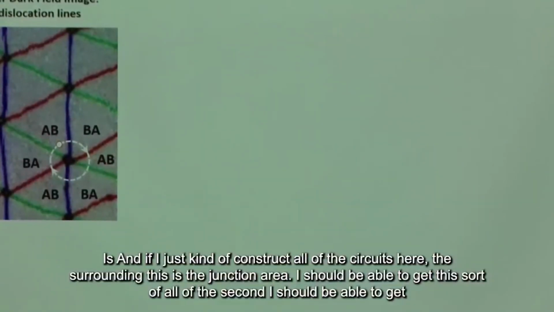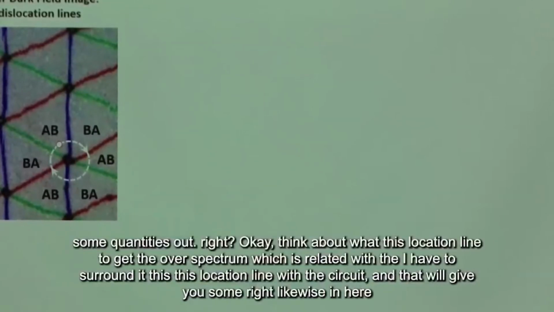Again, think about one dislocation line: to get the Burgers vector, which is related to the topological quantity, I have to surround the dislocation line with a circuit, and that will give us the Burgers vector, right? Likewise, here, by surrounding this, I should be able to get it, right?